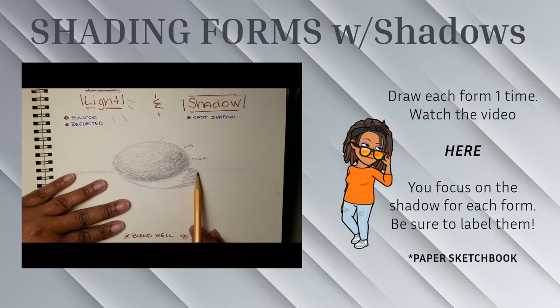Now, when you're doing objects that have edges, it's going to look very different, and that's in a separate video when we talk about adding shadows to our forms. So remember, you're just laying down layers and layers of graphite.